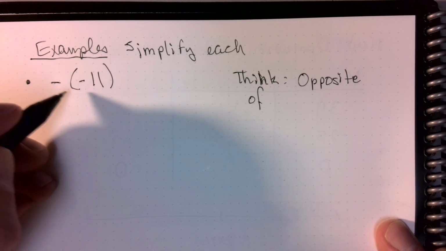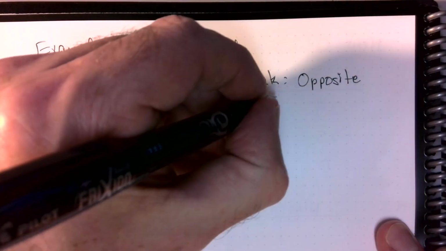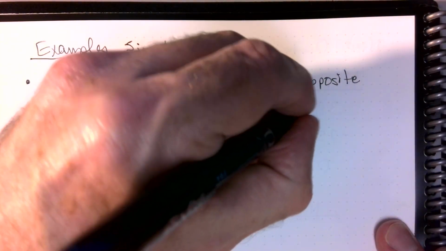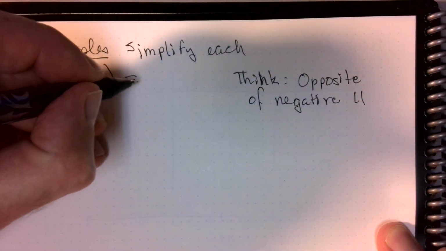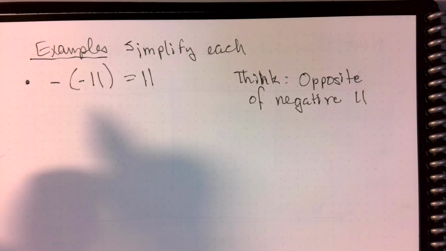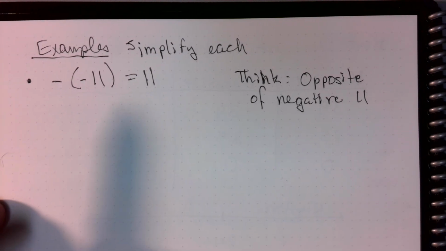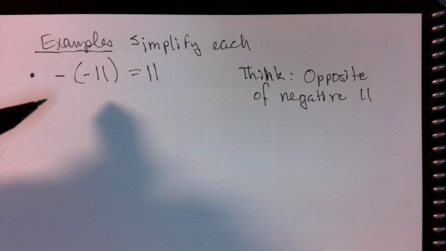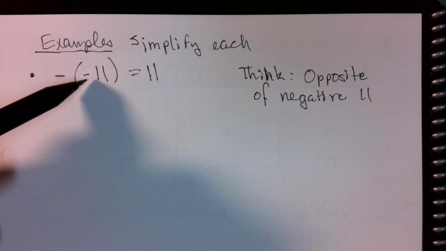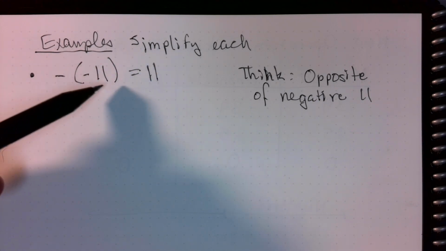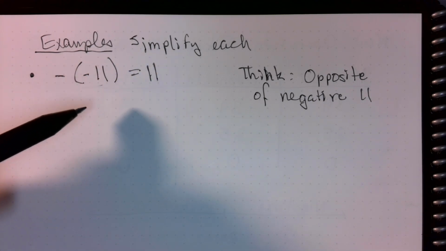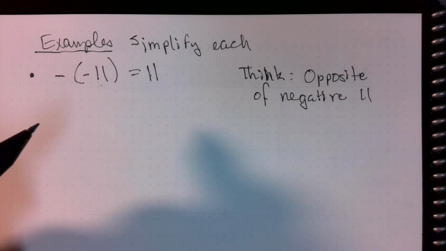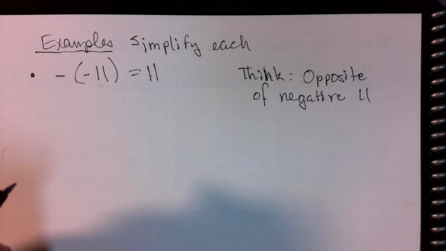This is the opposite of whatever comes next. So the opposite of -11, well, that would be 11. This new operation of taking the opposite is something that actually undoes itself. You could think of this -11 as the opposite of 11, and then you're doing the opposite of that. So you've done the opposite twice, and you end up right back where you started.